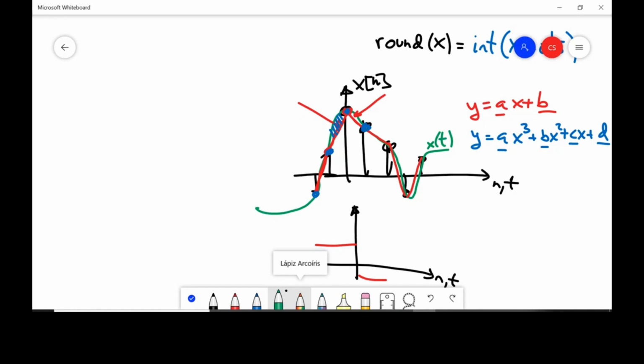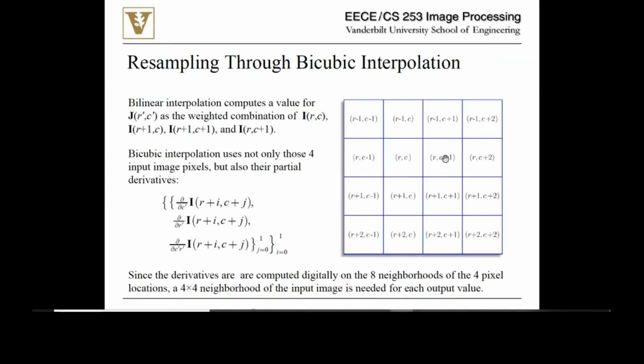So the segments are bilinear, and then if I take 4 samples in one direction and 4 samples in the other direction, now I can fit a cubic polynomial in rows and a cubic polynomial in columns.